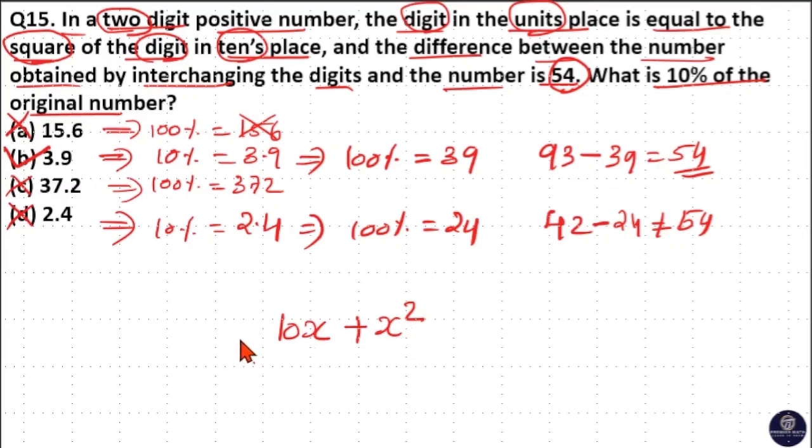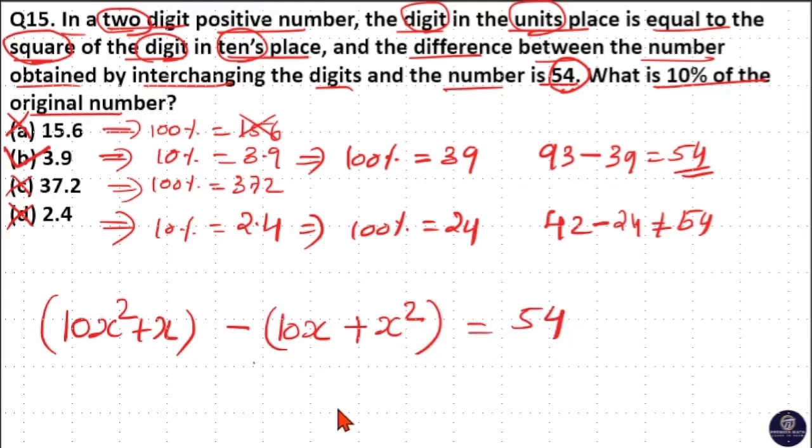Now if you interchange the digits, x and x square, the interchanged number will be 10x square plus x. And if you take the difference between the interchanged number and the original number, this will be equal to 54. So if you solve this equation, you will get the value of x. Then you can find the answer.